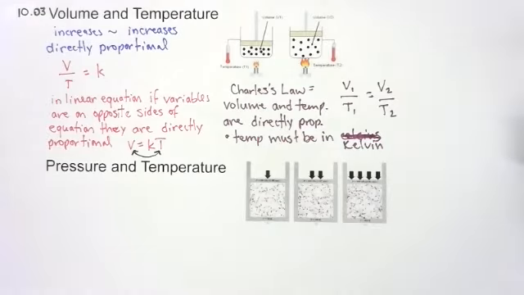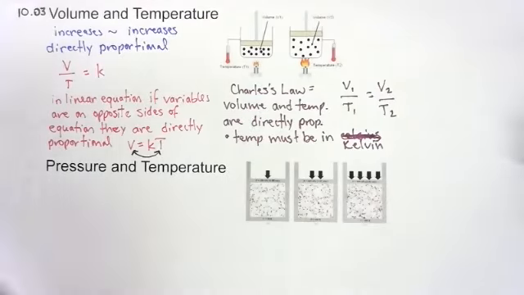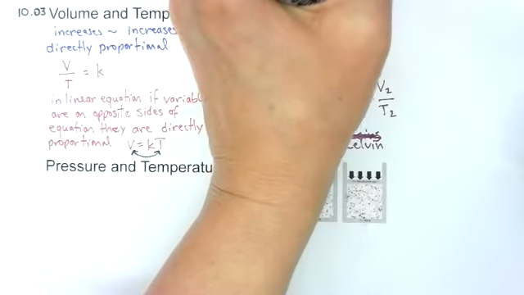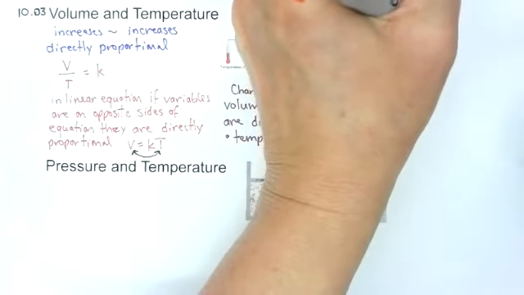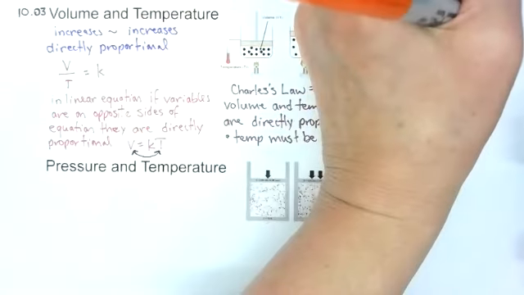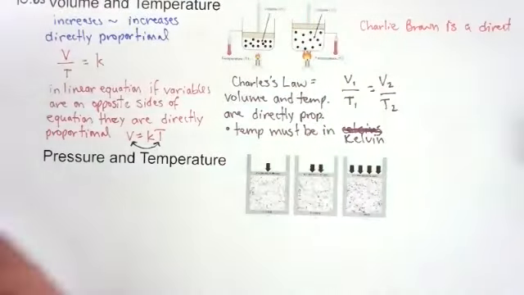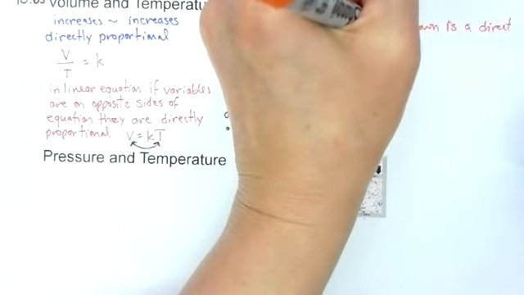So if you had DirecTV, you might be able to watch the Charlie Brown Christmas special. So the sentence that I use to try to remember Charles' Law is that Charlie Brown is a direct TV special.